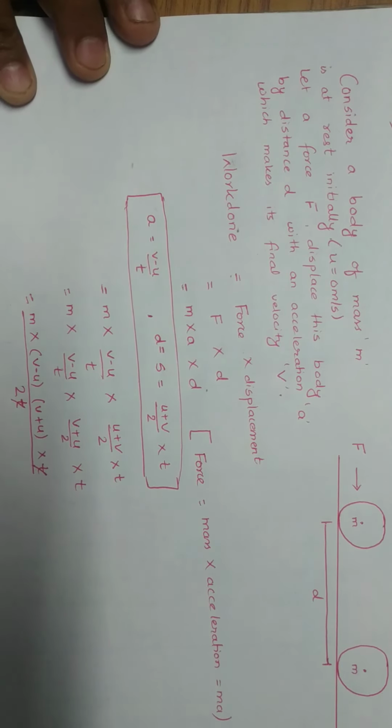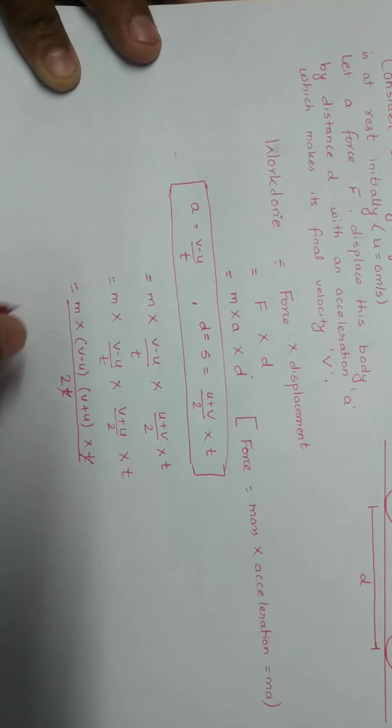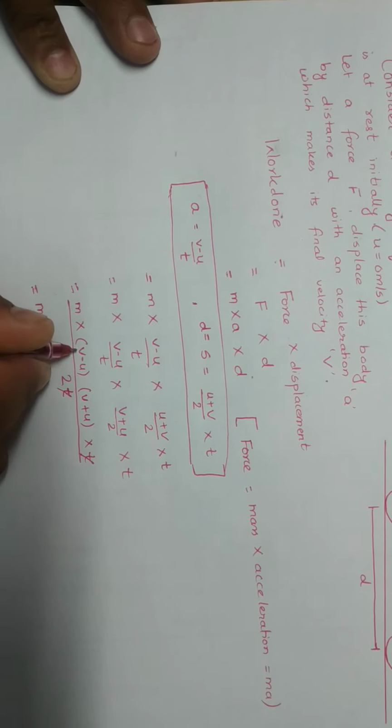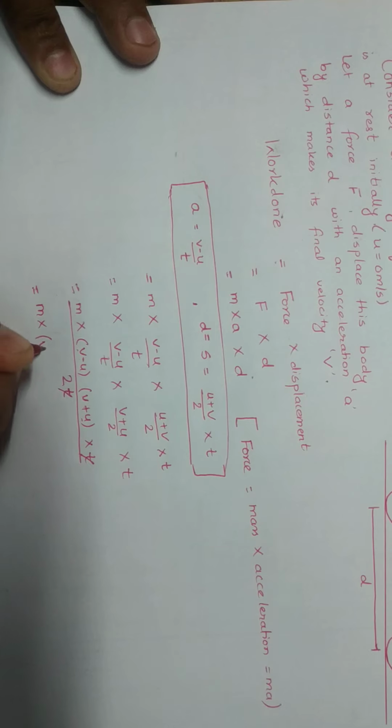Now what is remaining is m. Look at this: a minus b, a plus b. The formula is a square minus b square. So v square minus u square by 2.